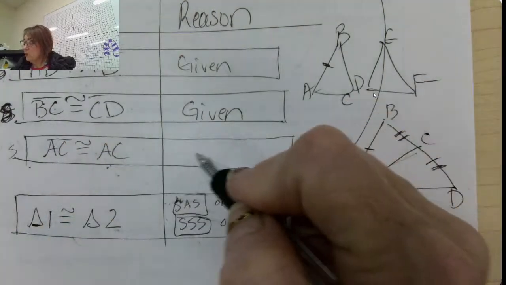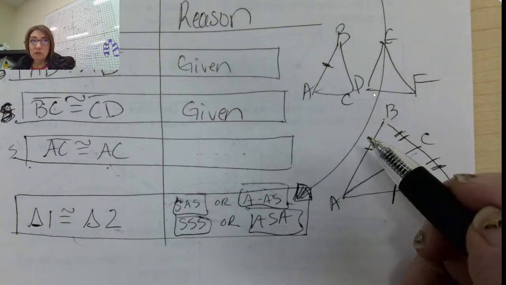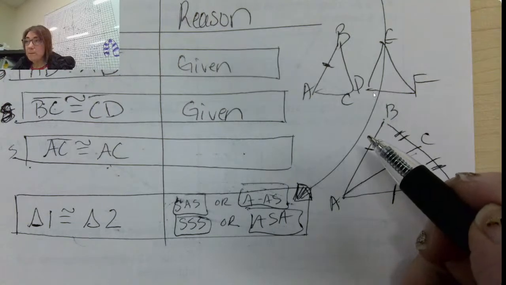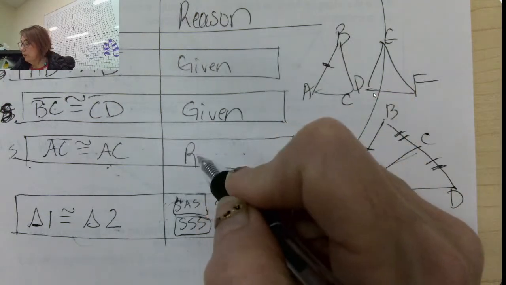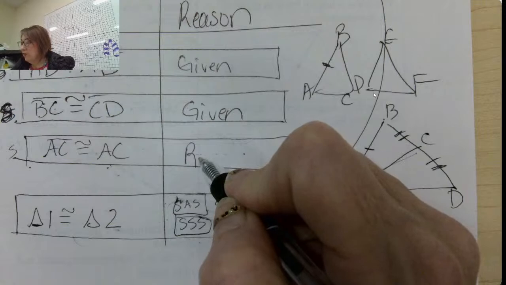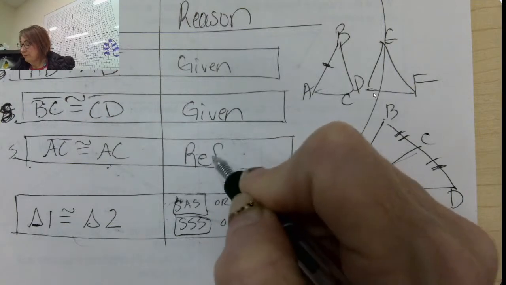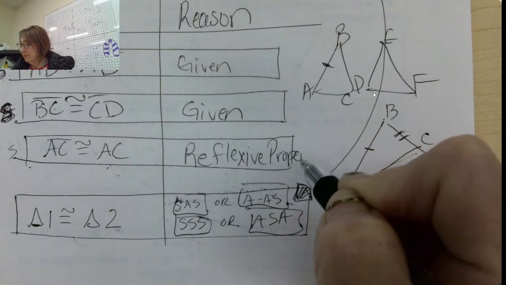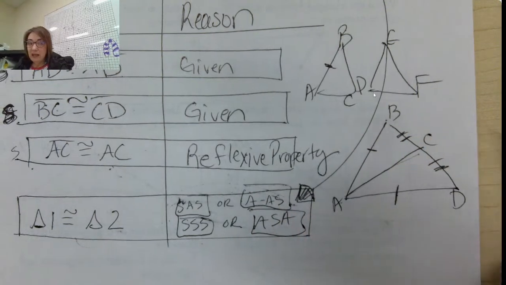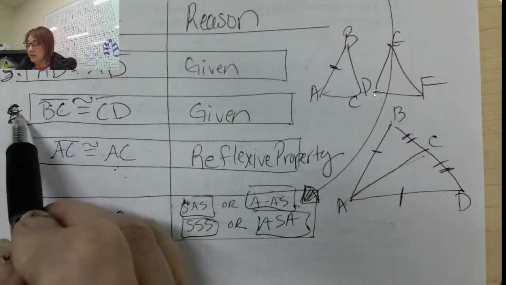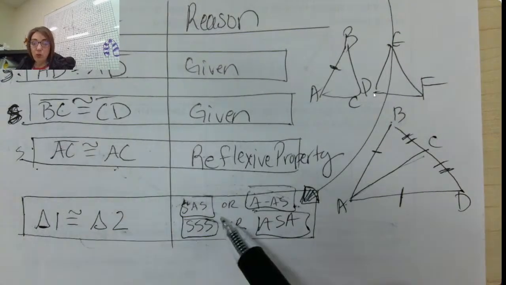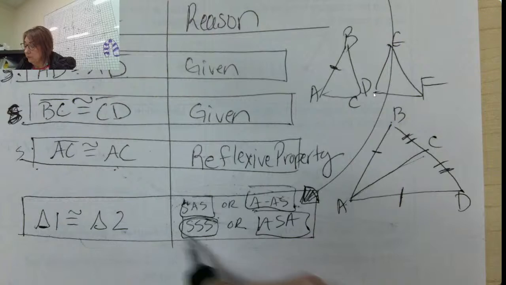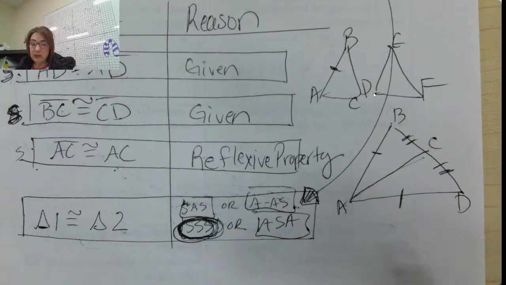Yes, sir. What is this property right here? What's this called? When they share it. Starts with an R? Ends with reflexive. That's the reflexive property. Now, they have sides congruent, sides congruent, sides congruent. What makes them congruent? Side, side, side. Y'all with me?